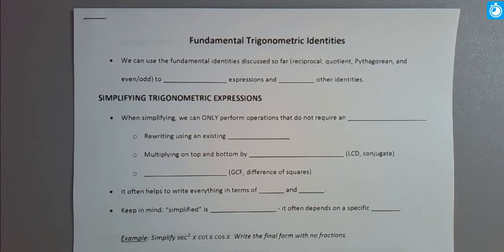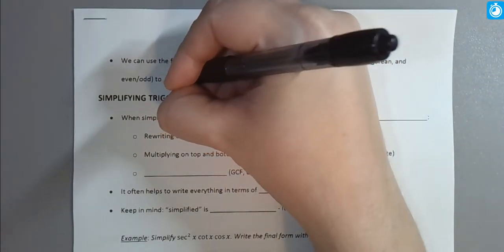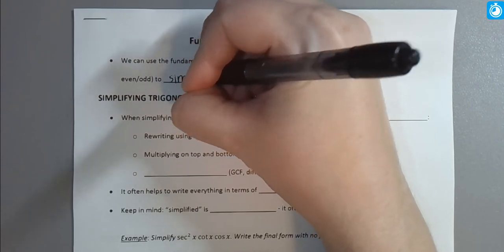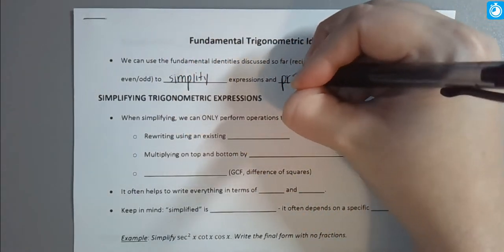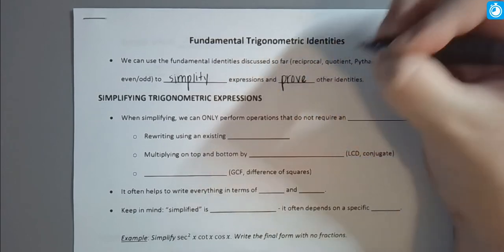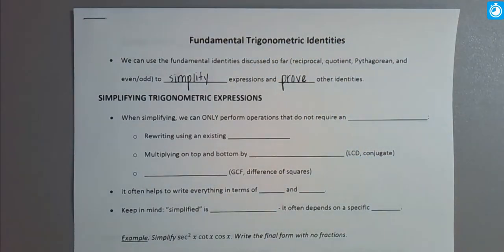Here we're going to focus on using our identities to simplify expressions containing trigonometric functions and also to prove other identities. Using established relationships that we already have, we can prove other more complicated relationships among our trigonometric functions. So let's start with simplification.